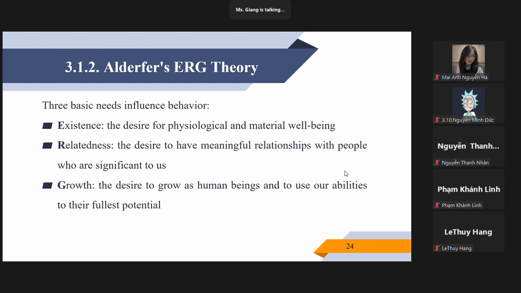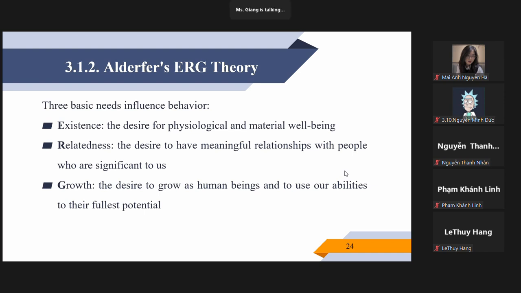So, can you see that? The three basic needs that Alderfer set out are similar to the 5 levels of need that Maslow set out. When we mention existence, we mention the physiological and material well-being, so it belongs to the physiological niche, right? And a part of safety niche.